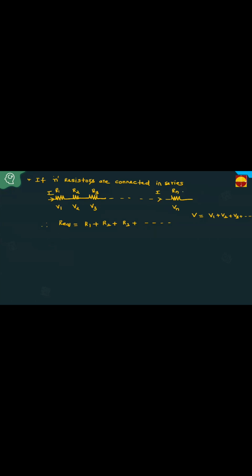If you have to calculate the voltage across the nth resistor, Vn equals the total voltage V that we are applying, times Rn divided by R1 plus R2 plus and so on up to Rn. This is the voltage across the nth resistor. For the second resistor, V2 equals V times R2 by the total. For the third resistor, V3 equals V times R3 by the total.